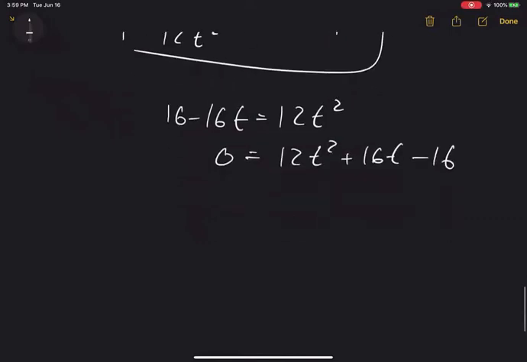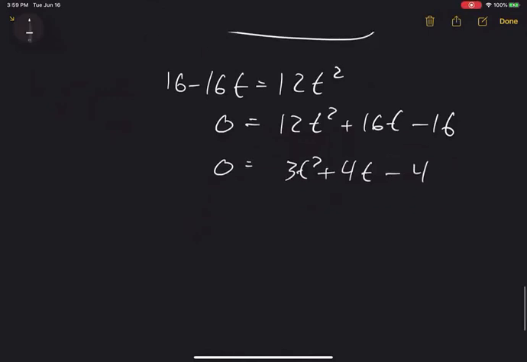And then this is a quadratic equation. We could do the quadratic formula or factoring. Let's see, if I factor out 4, we get 3t squared plus 4t minus 4. And then can we factor? I'm horrible at factoring. If I got something like this, I would just do the quadratic formula.